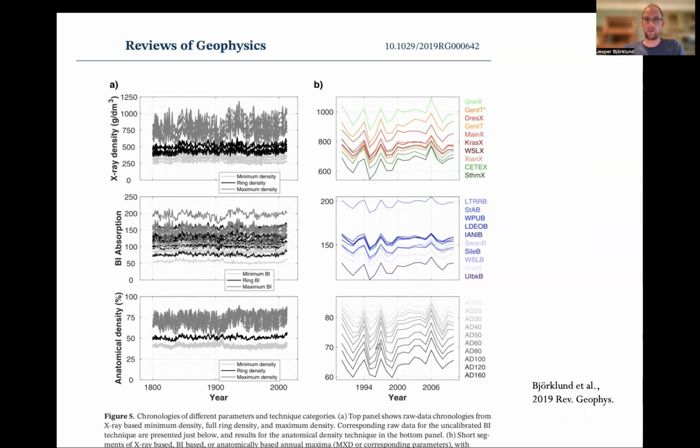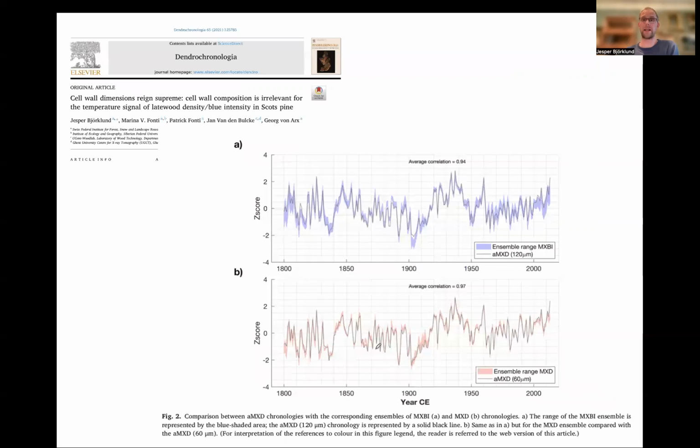It cannot do that. The average correlation between the ensemble range of the maximum blue intensity data is 0.94, which is very high.